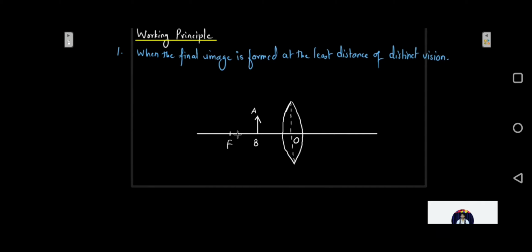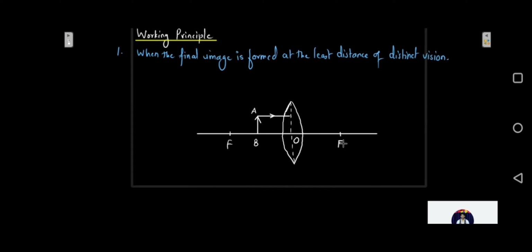Since the object is kept within the focal length, the image which will be formed is going to be virtual, erect and magnified, on the same side of the lens as that of the object. So how do we draw it? Let's draw the rays now. A ray which is going parallel to the principal axis would pass through the focus on the other side.